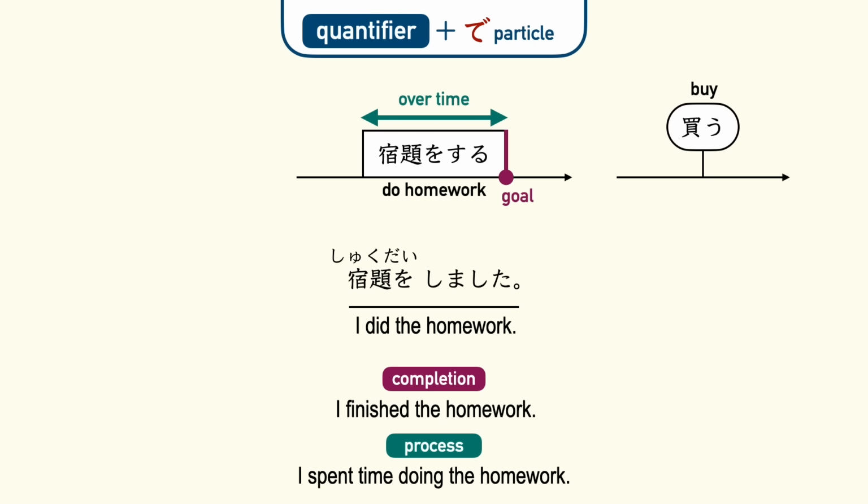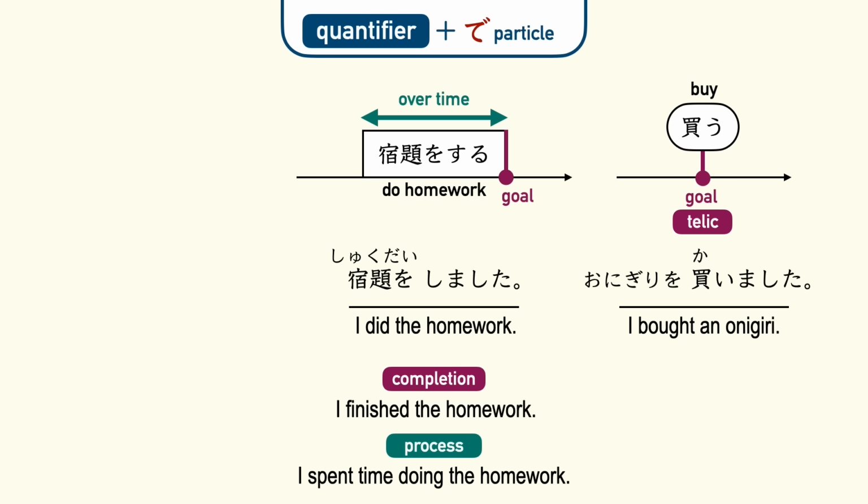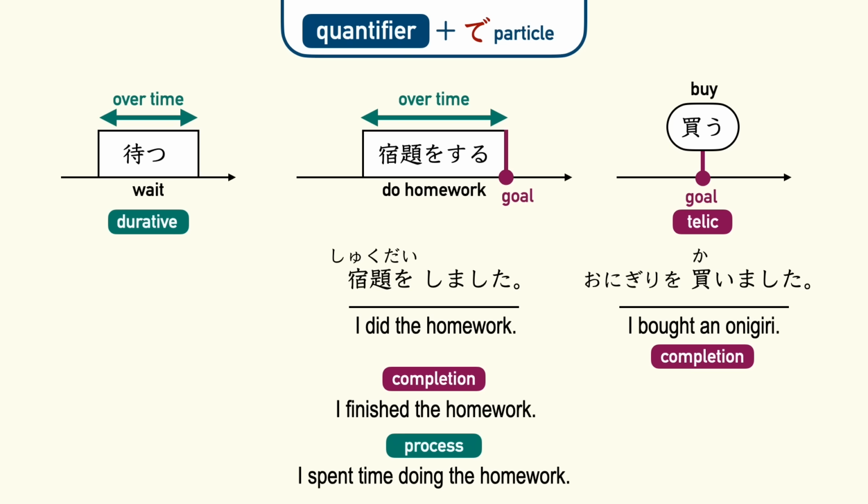But verbs like 買う, buy, are telic, but not durative. So, おにぎりを買いました, I bought an onigiri, for example, always implies the action was completed. But verbs like 待つ, wait, are durative, but not telic. So, 待ちました, I waited, always focuses on the process of the action, not the completion of the action.